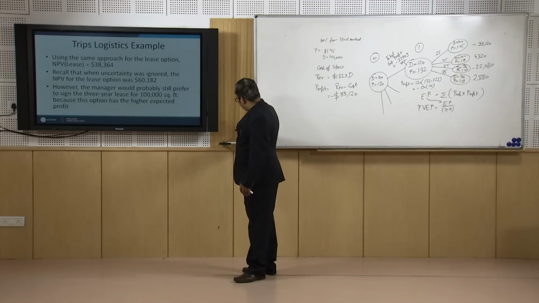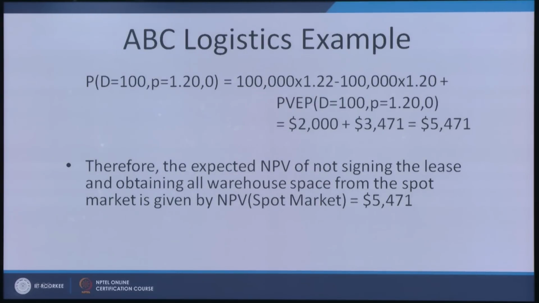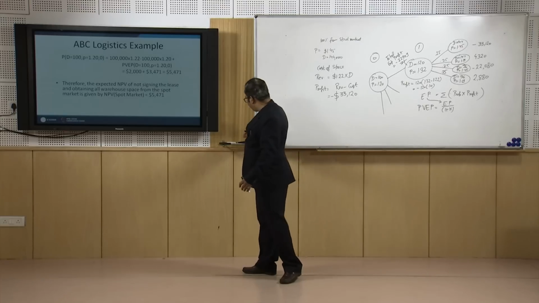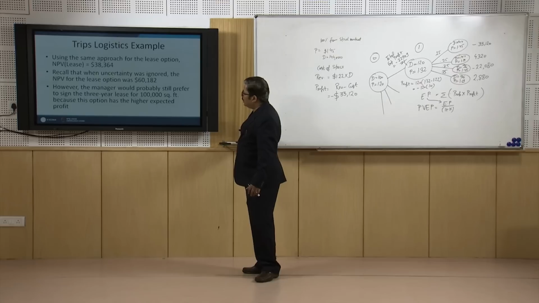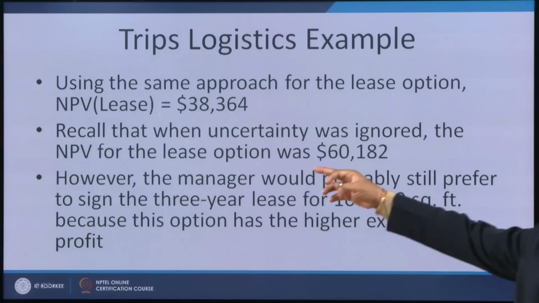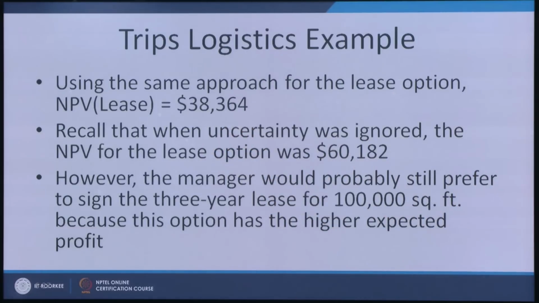Now, using the same approach for lease arrangement. Now, I want to go for the lease arrangement, thus I want to try for the second alternative, and when I am going for the second alternative, my net present value is coming 38,364.